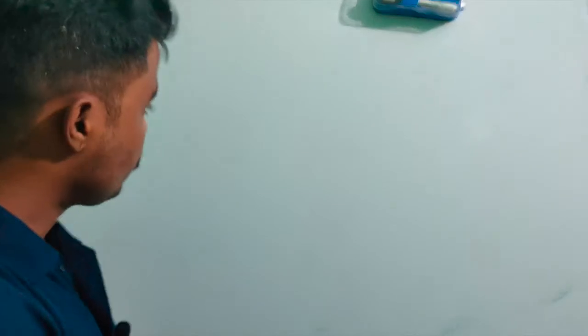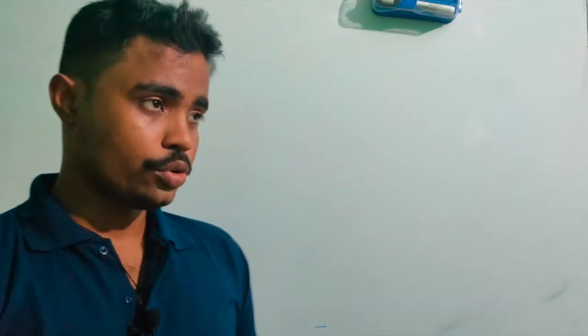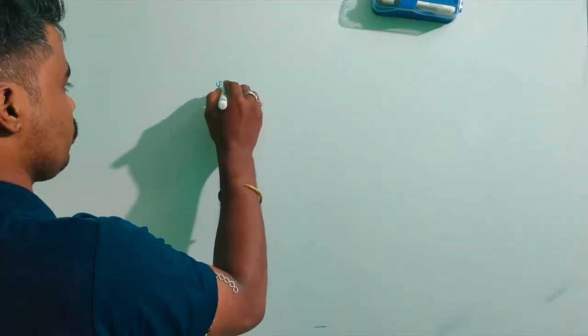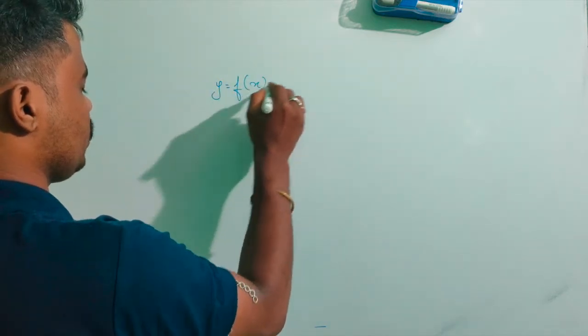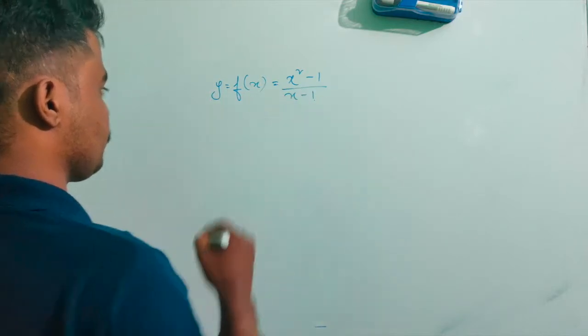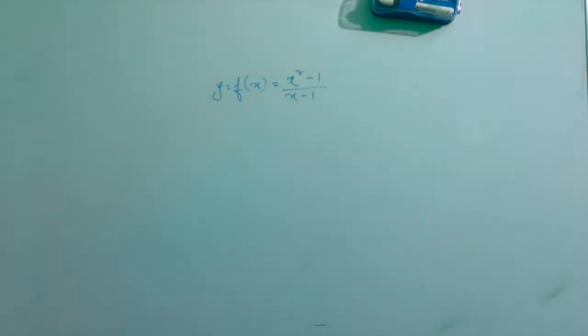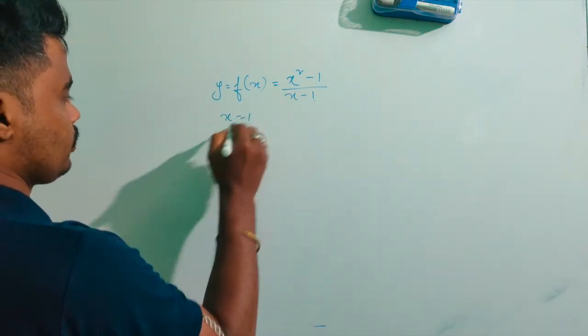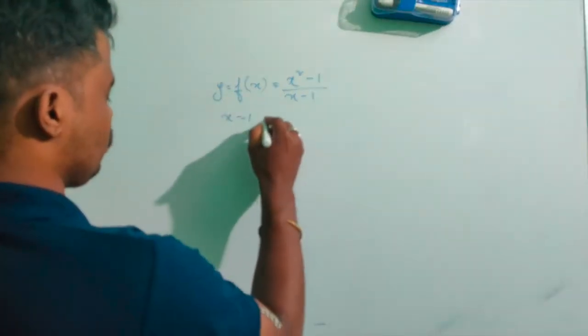Now let me choose another example to show you how to find the behavior of a function nearby a particular point where the function value is indeterminate. Here I choose y equal to f of x equal to the function (x square minus 1) by (x minus 1). And if I want to evaluate this function at x equal to 1, then what will be the value of the function?